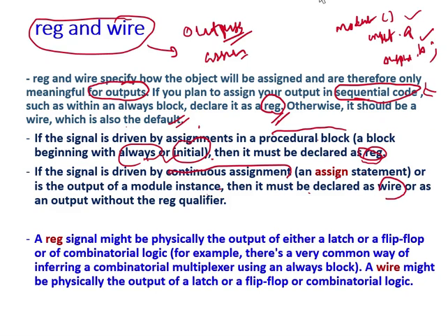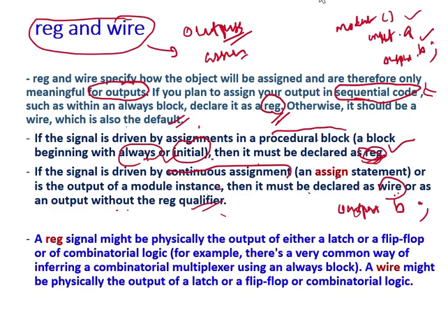Okay, if the signals are assigned inside a procedural block, then you have to declare that signal as reg. And if there is a continuous assignment, or the signal is the output of a module instance, then it must be declared as wire, or it is an output without the range qualifier. Output without the range means if you simply write output B, and you do not mention anything, then by default it is a wire.